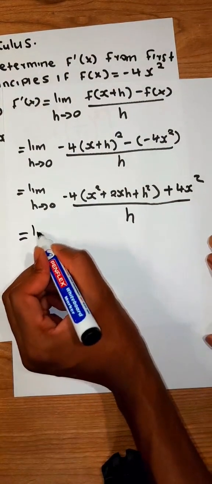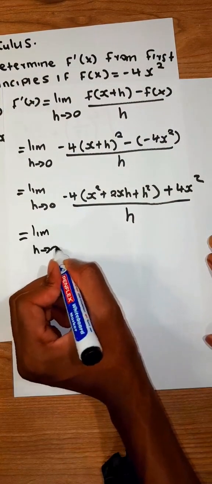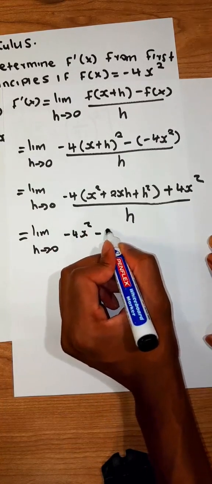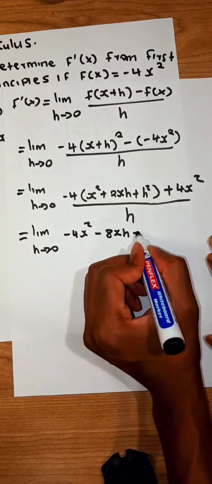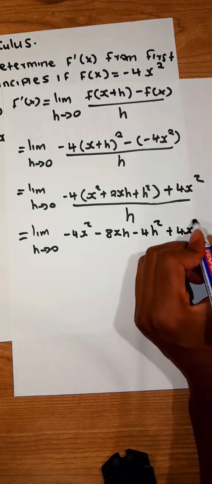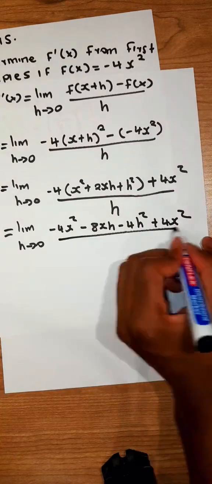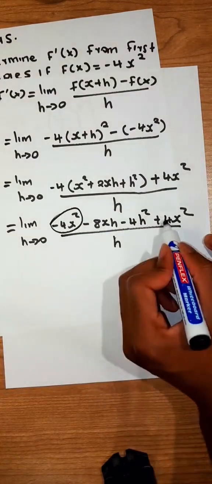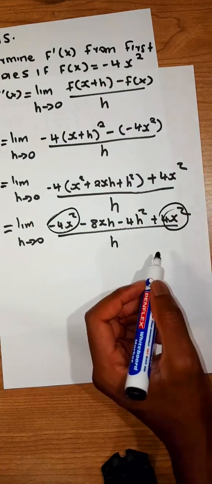So the limit as h approaches 0 of minus 4x squared minus 8xh minus 4h squared plus 4x squared, divided by h. You realize that these ones are going to cancel out.